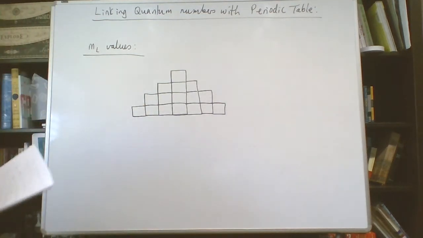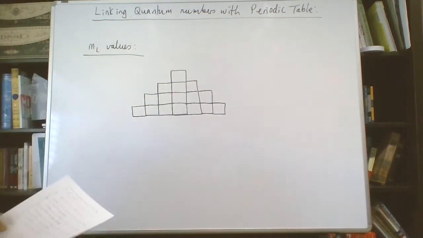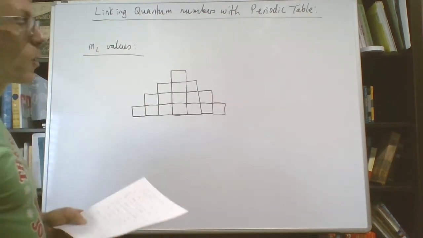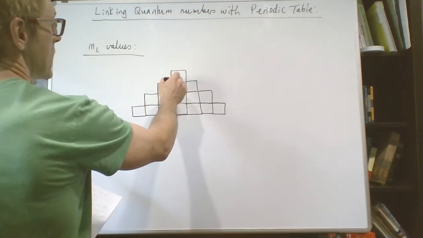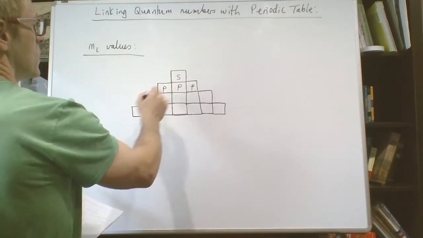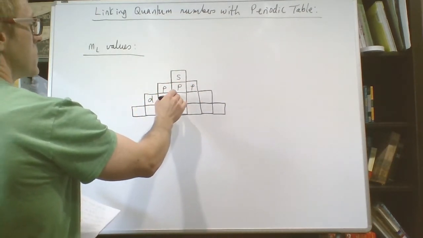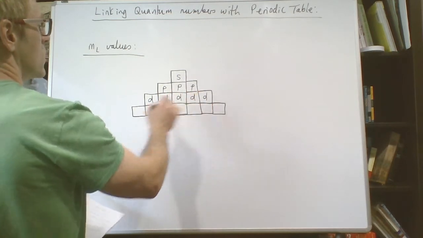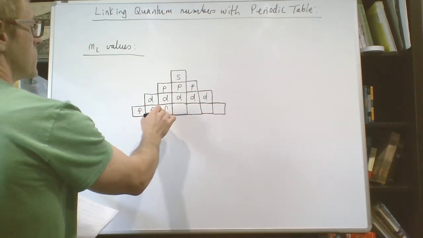So we draw a pyramid like this, and then the boxes represent the orbitals. We said that there was one s orbital, we said there were 3 p orbitals, we said there were 5 d orbitals, we said there were 7 f orbitals.